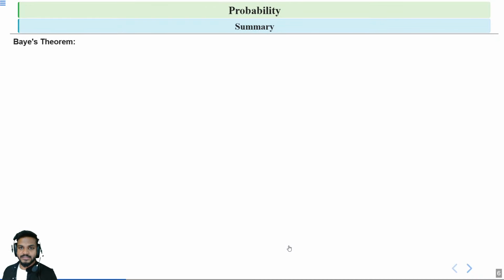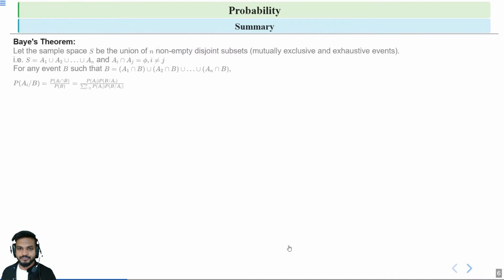Next is Bayes theorem. By using Bayes theorem, we can find the reverse case probability. That means if we have the probability of B and B given Ai, then we can find probability of Ai given B. Okay. So for Bayes theorem, let's suppose we have a sample space S that is the union of n disjoint subsets.